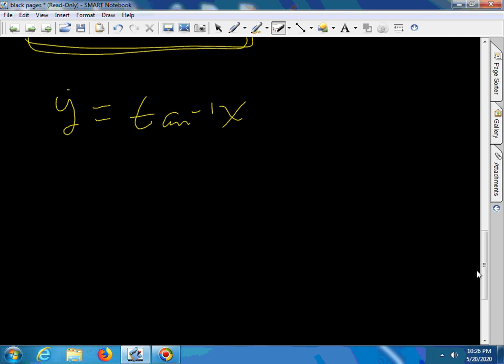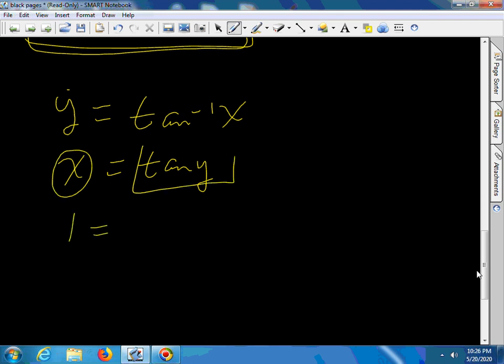So somehow we need to get out of it, and just like before, we say x is equal to the tangent of y. I take the derivative of x with respect to x. I take the derivative of tan y with respect to y. The derivative of the tangent of any angle is the secant squared of that angle times the derivative of the angle.